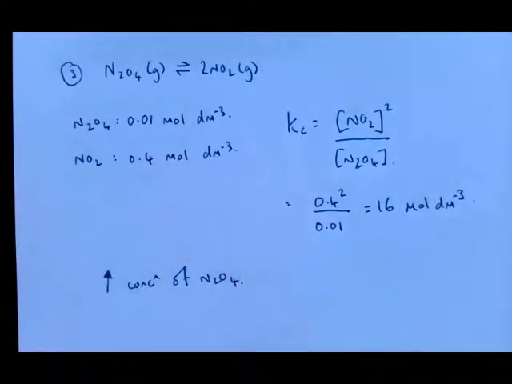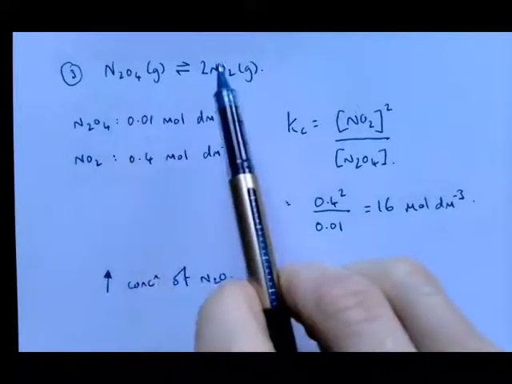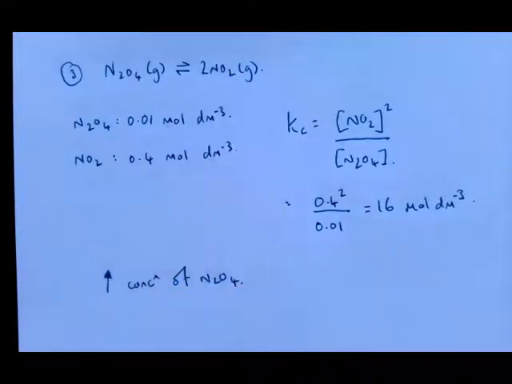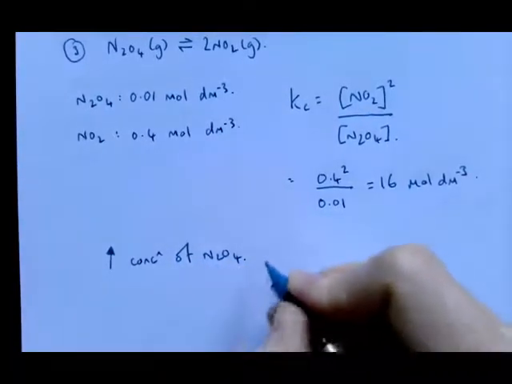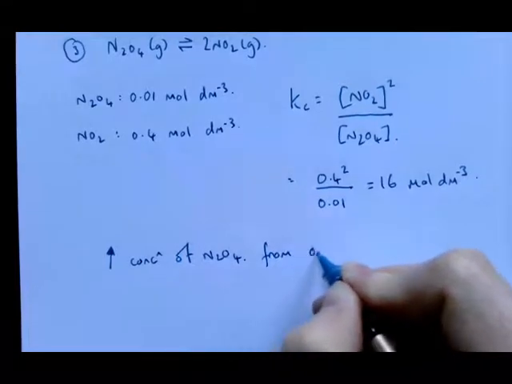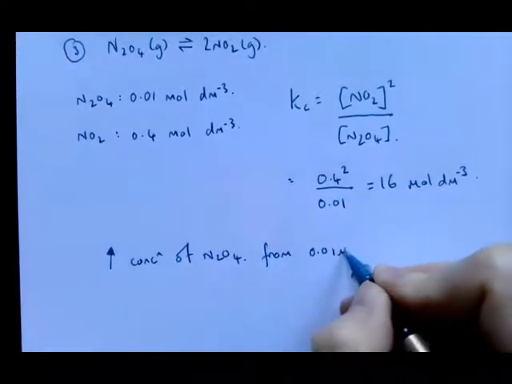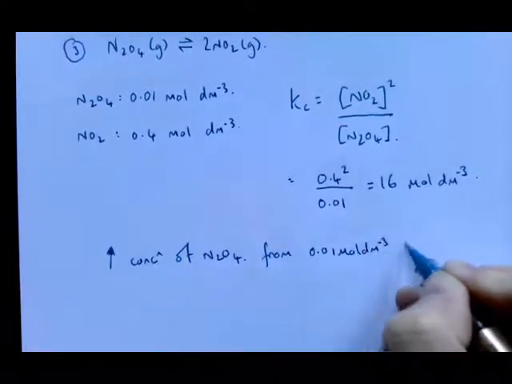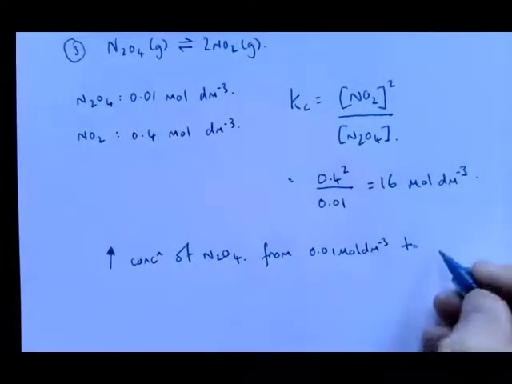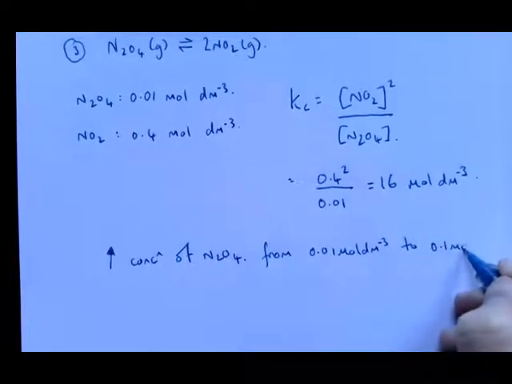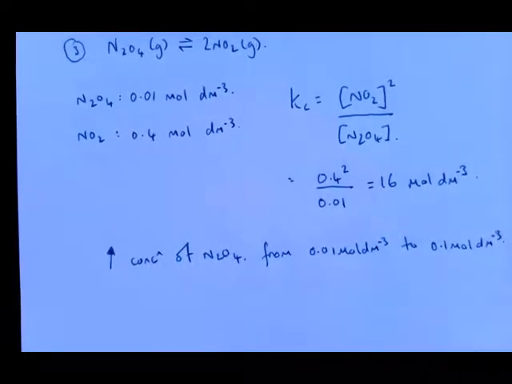So if I increase the concentration of this, I will increase the amount of NO2 that I get. Well, we can try it now. So let's say that I increase the concentration of N2O4 from 0.01 moles per decimeter cubed to, so we had it here 0.01, let's increase it by 10 to 0.1 moles per decimeter cubed.